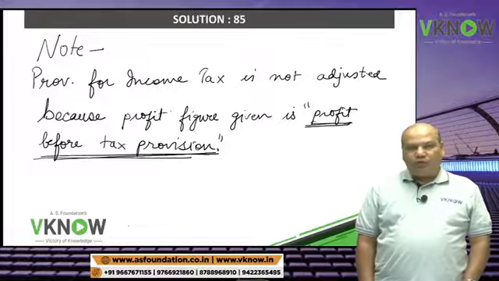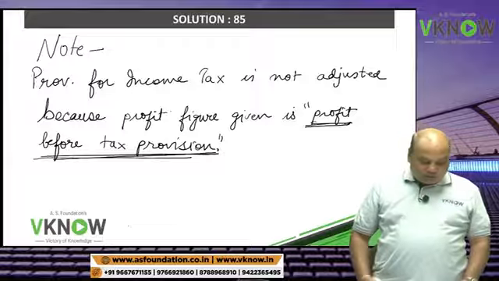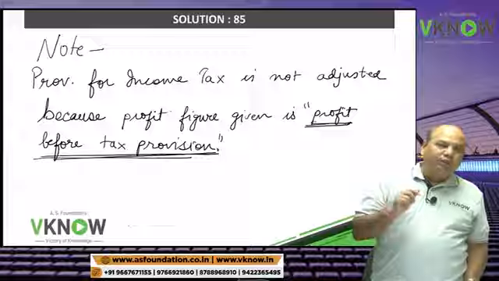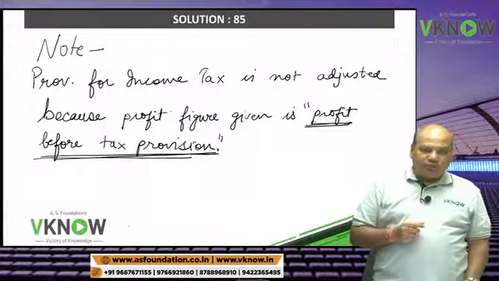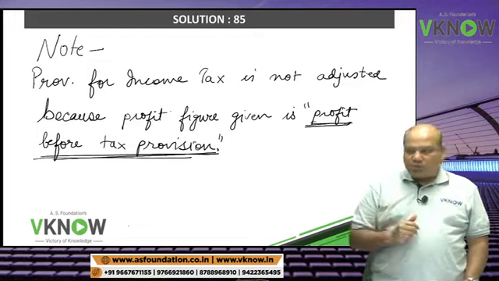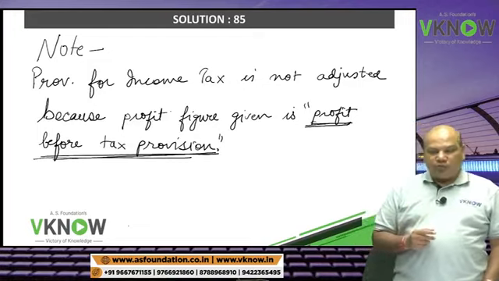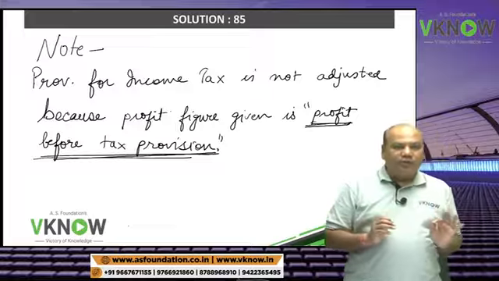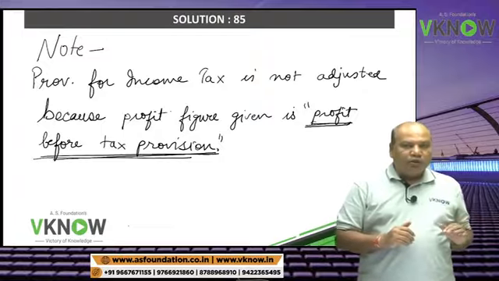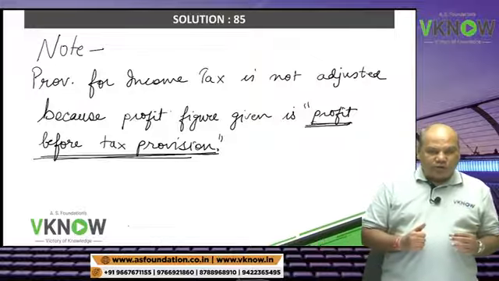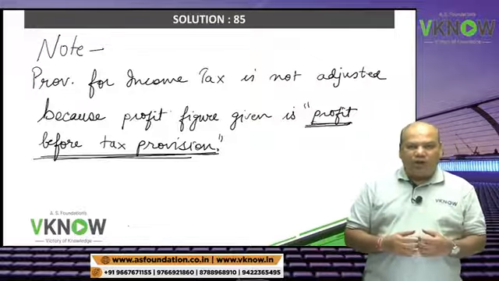So if you have this query, why we have not adjusted, it is before tax. If it was given net profit after provision for taxation, then you will add back, which will happen in some question. Both types of question we will solve: one where profit before provision for tax is given, like this one, and second where the profit after provision for taxation is given, then we'll add back.